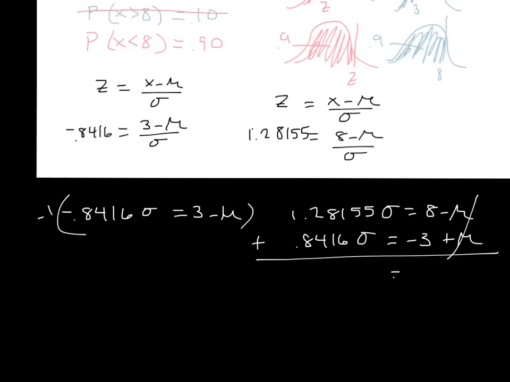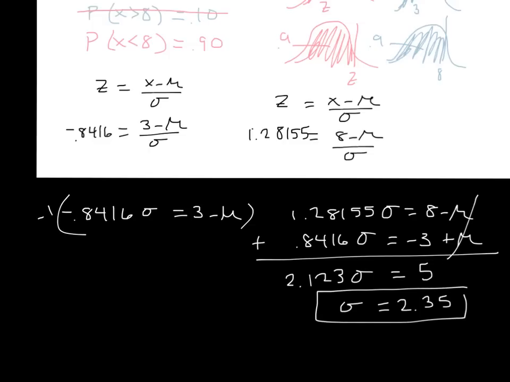So 8 minus 3 is 5, and now I just add 1.28 with the 0.84. And so I get 2.123 sigma. And from there I just divide by that 2.123 on both sides, and I get sigma equals 2.35.